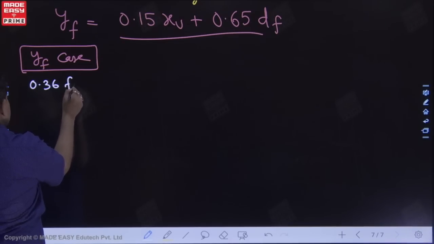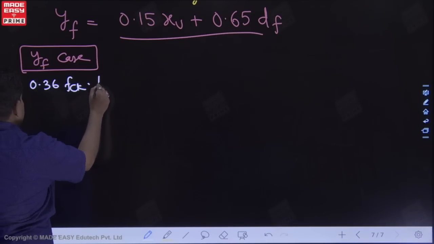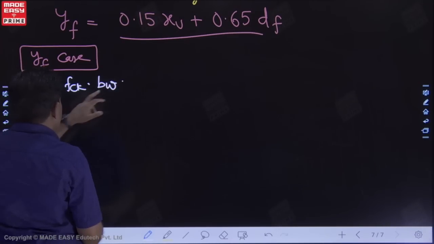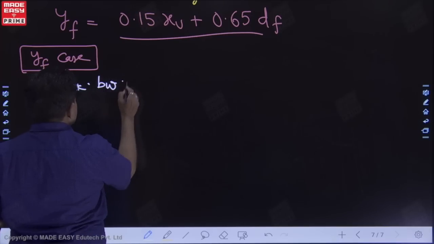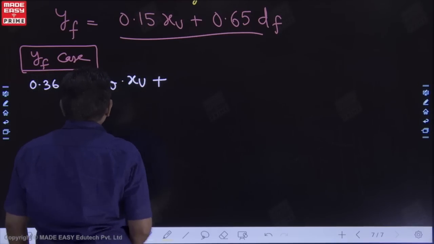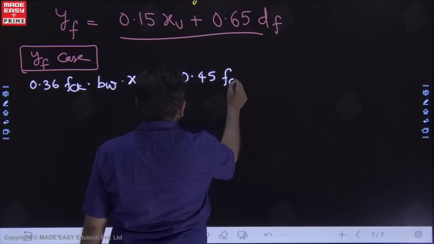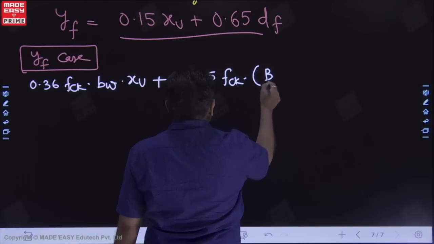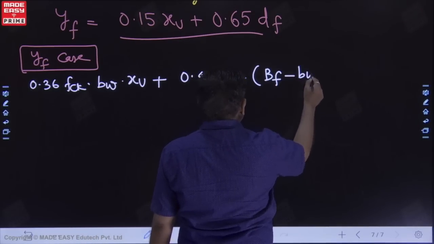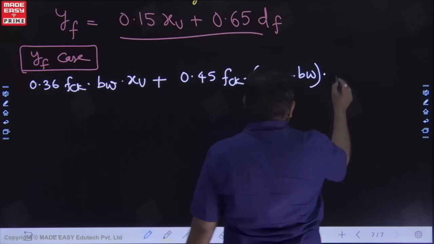0.36 into FCK into BW is the first part, the web portion, into XU, plus the second part is 0.45 into FCK into the width of the remaining, BF minus BW, into YF.